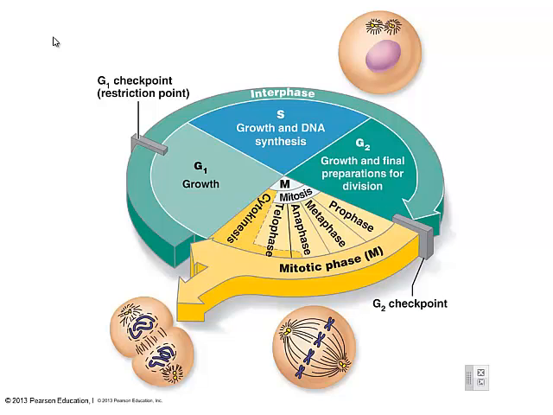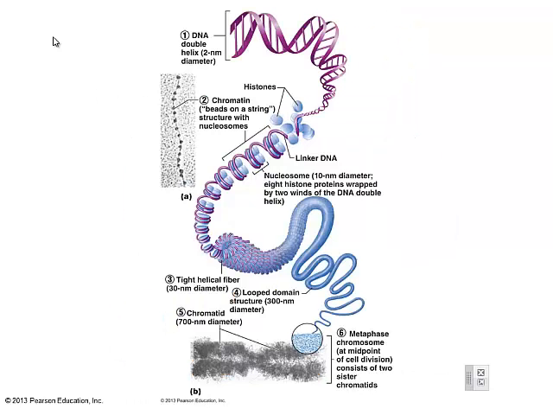All have to be copied. So during the S phase of the cell cycle, we're still in interphase, I'm going to take my 46 chromosomes and create how many chromosomes? Very good math. 92. Yes? 46 plus 46 is 92.